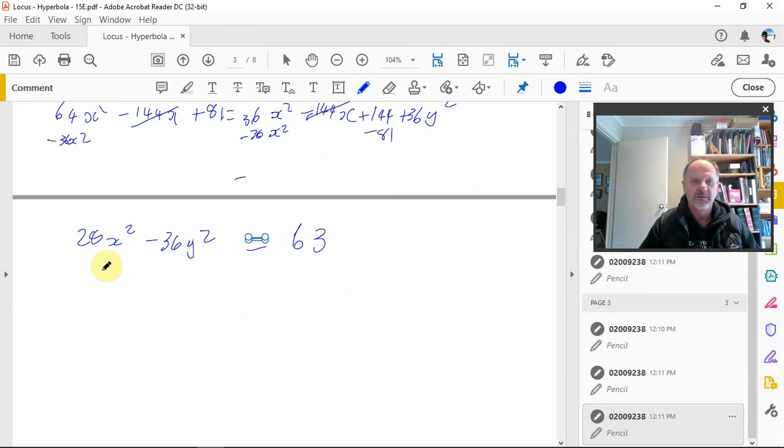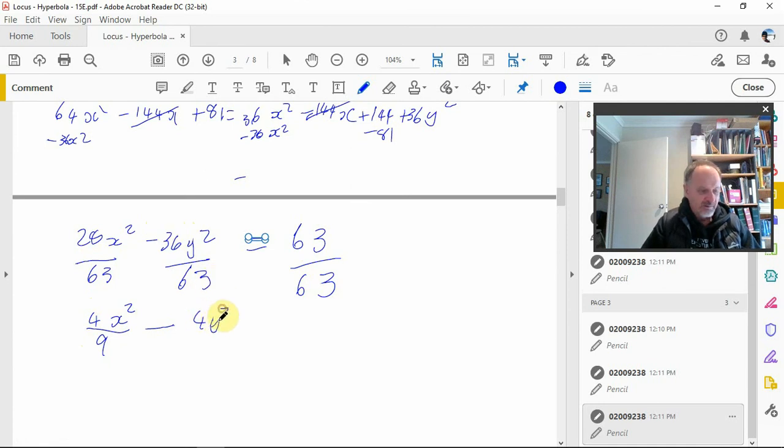Okay, so what do we do then? Then we divide by 63. We do some cancelling here. 7 goes into each of those, so 4 and 9. And over here, 9 goes into both of those, and equals 1.